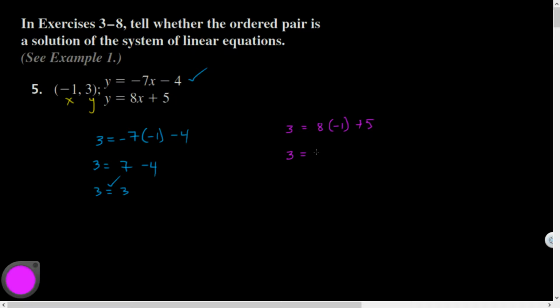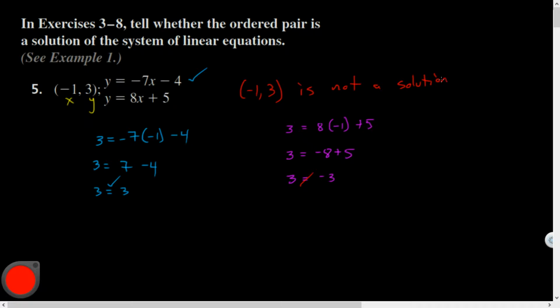So is 3 equal to -8 plus 5? 3 equals negative. Oh no. Oh dear. It's not equal to that. That means that -1 comma 3 is not a solution of the system.